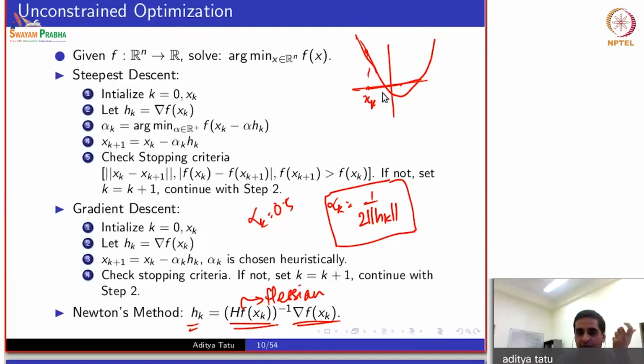If this gradient magnitude is very high, I should be careful. It's like you're going down a hill. If the descent is very steep, then you better take small steps. But if the descent is not too steep, then you can take a longer step in that direction.